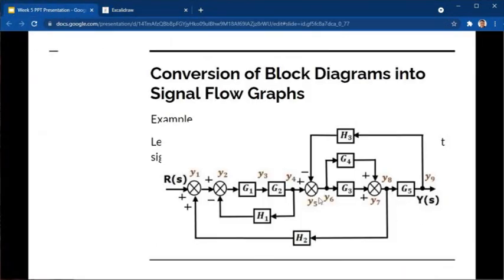Let's proceed. Y sub 5. Y sub 5 is a node beside Y sub 4, so the gain is 1. And also a signal from Y sub 9 with the gain of H3.